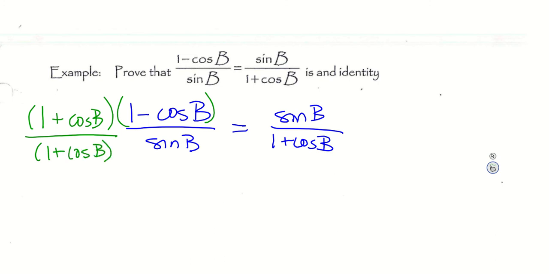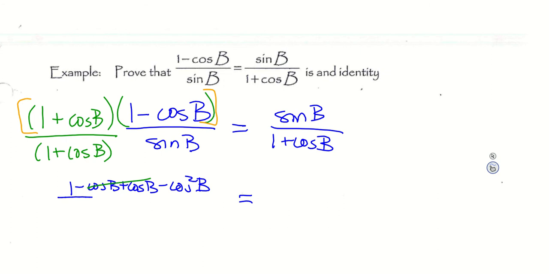Then watch what happens, right? So this is still going to be an equal sign. When I multiply these tops together, I'm going to FOIL those together, and I get 1, minus cosine of b plus cosine of b minus cosine squared of b, where those two middle terms will subtract out.